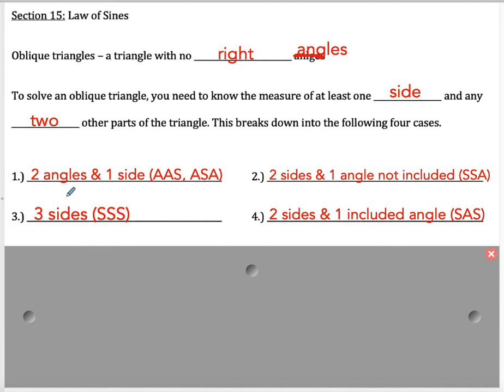Option 3 is if you just have all 3 sides. And option 4 is if you have 2 sides and an included angle. So here the angle is trapped in between. And on case number 1, when you had 2 angles, the side could be trapped or not trapped.